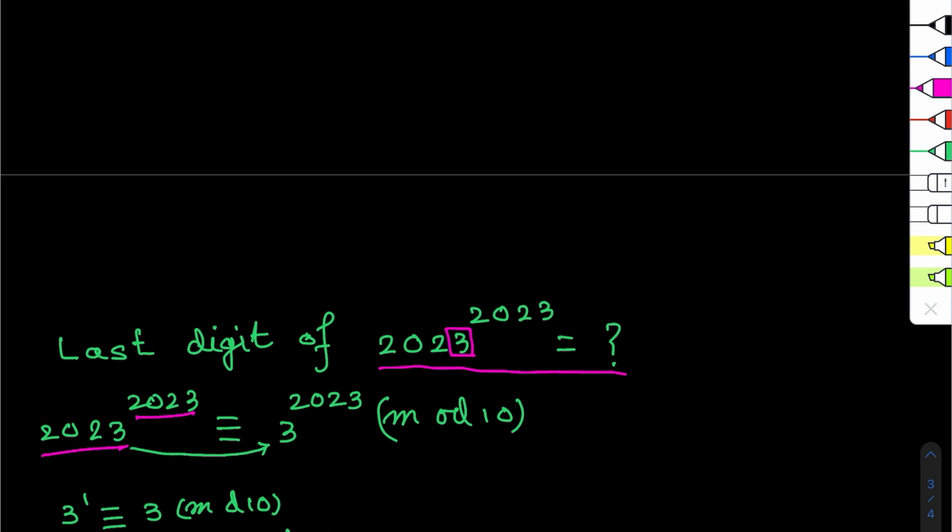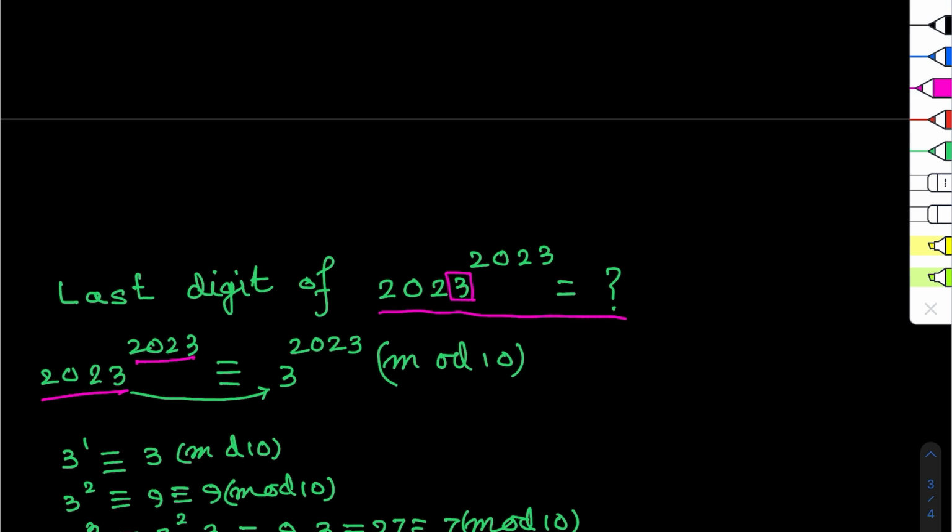So we can just find out the last digit of 3 to the power 2023, that is, the remainder when 3 to the power 2023 is divided by 10. Now we can get the remainder of various powers of 3.